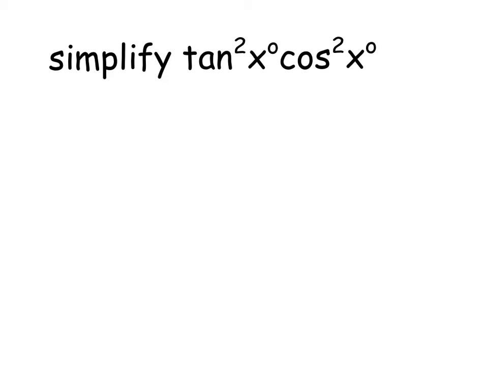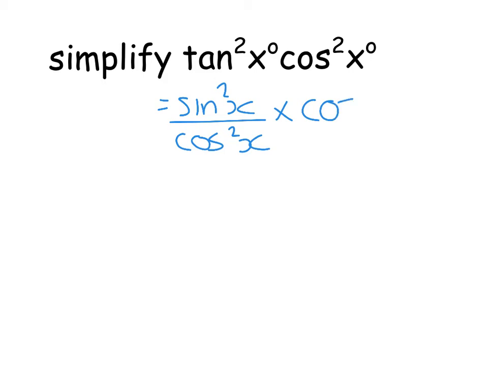So the squared bit just means you can square both of the bits on the fraction. So I'm going to replace that tan squared with sin squared x over cos squared x. And they're stuck together, so they're multiplying. So times cos squared x. So you've got a times cos squared, a divide by cos squared. They're going to cancel out, simply leaving you with sin squared x. And that's that one done.